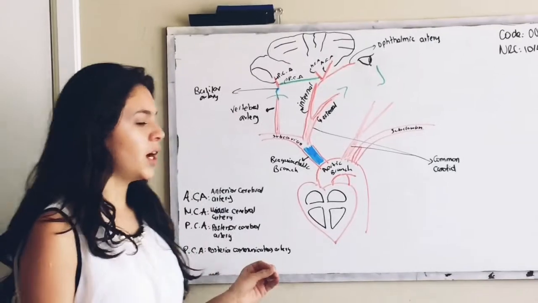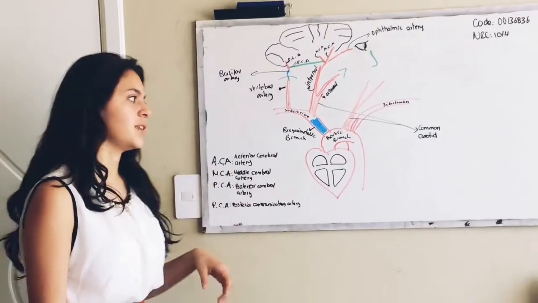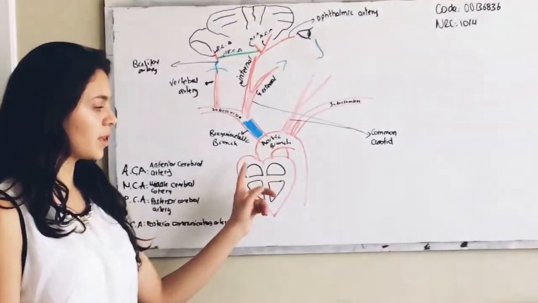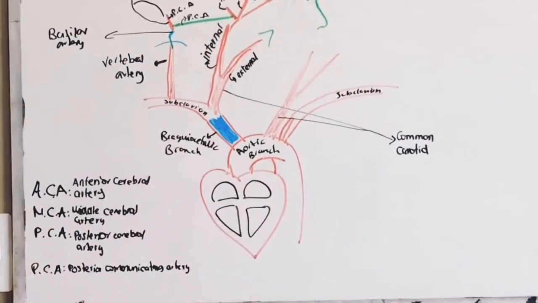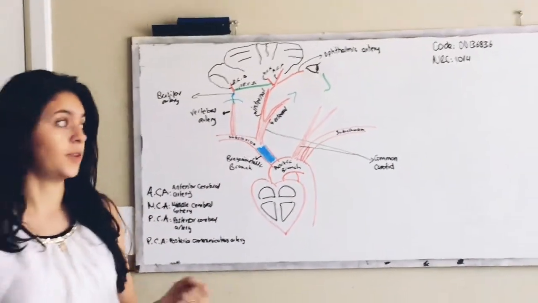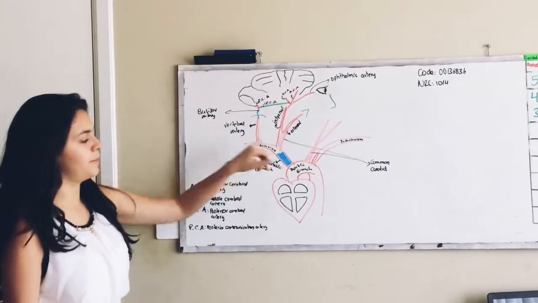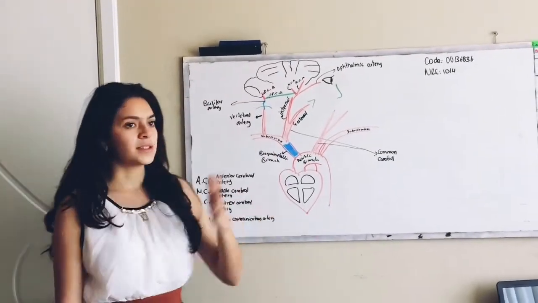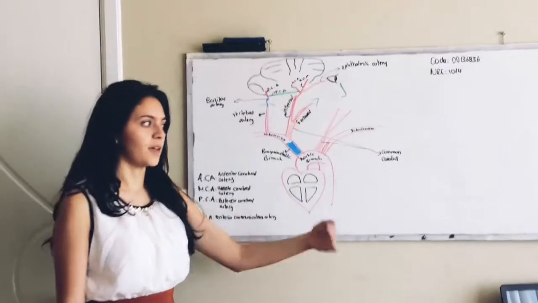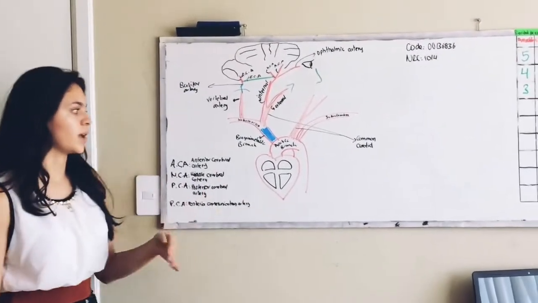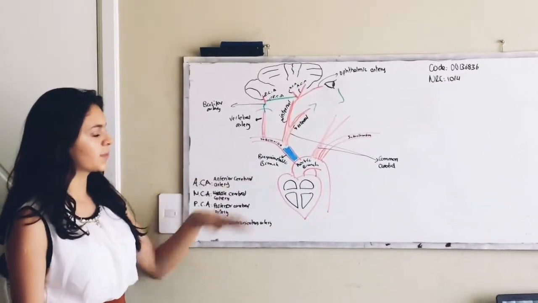So the main artery that leaves the heart is the aorta. This artery is going to leave two important branches. The first is the common carotid and the second is the subclavian. On the right side it is different than on the left side, because on the right side we have the brachiocephalic branch.